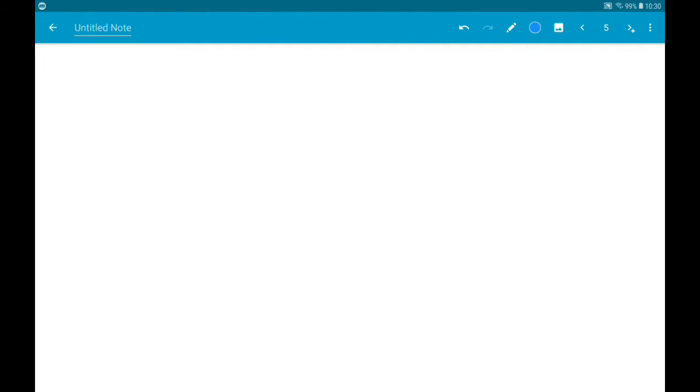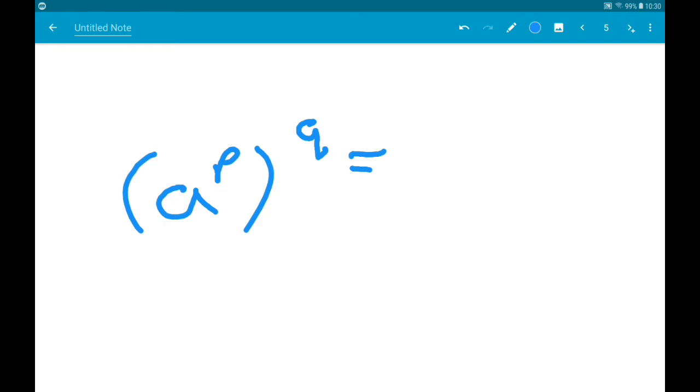What is really going to help us out here is the multiplication law for indices. So, that's this guy. So, say that we had a to the power b, to the power q. We can simplify that to a to the power bq.